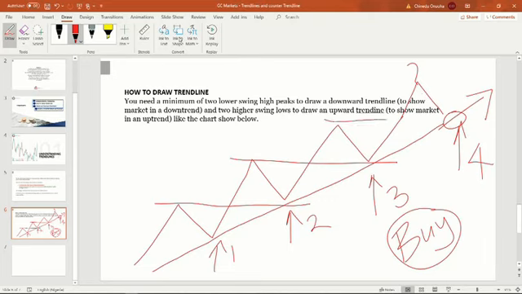Now, if you line this up perfectly, you would see that there should be a support level here. And then there's another support level, so there's a horizontal support, and the trend line happens to fall around that area. So what we're looking for is what price does at this point.